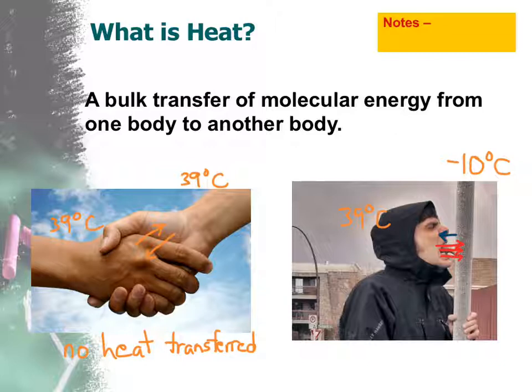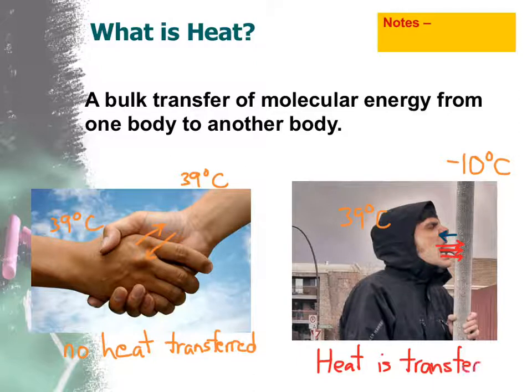This person's tongue is losing energy, and the flagpole is gaining energy from this transfer of molecular energy. So in this case, heat is transferred, and it's always transferred from the warmer body to a colder body. Because on average, it's the hotter body that ends up transferring more energy than the colder body.